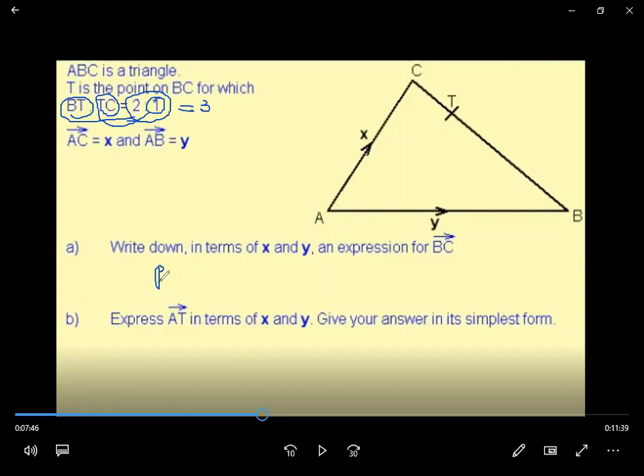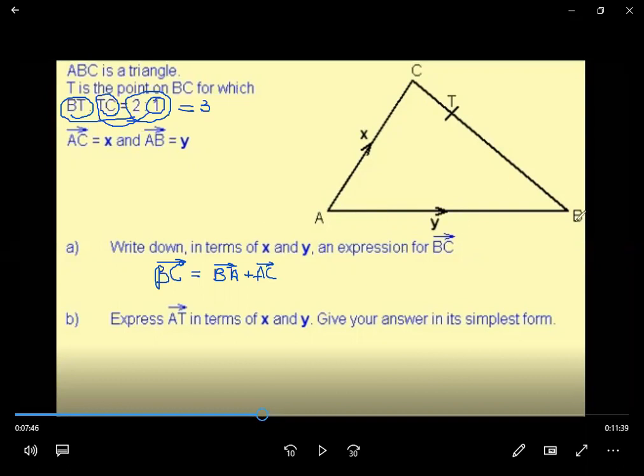Vector BC, so vector BC is moving from B to A, and then from A to C. B to A, and then from A to C. Look at the arrow. The arrow tells you the direction of the vector.